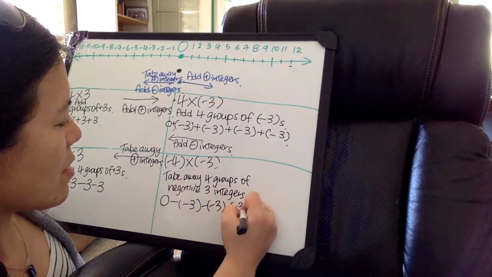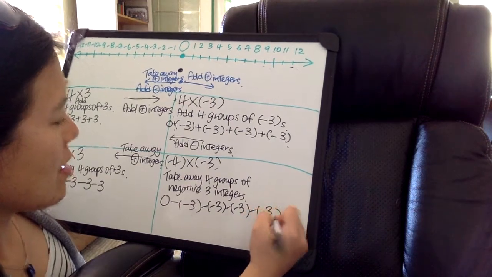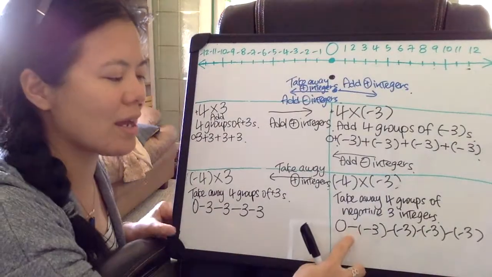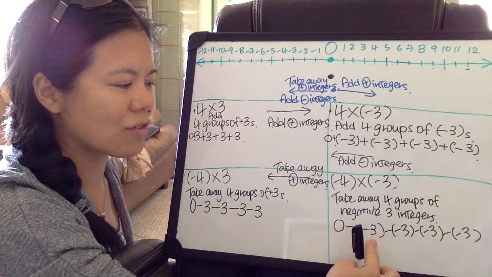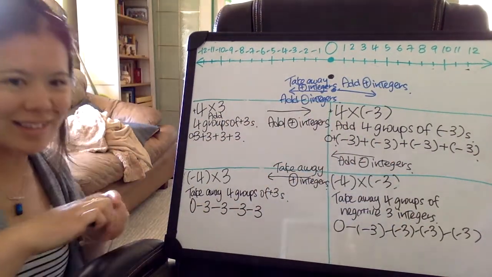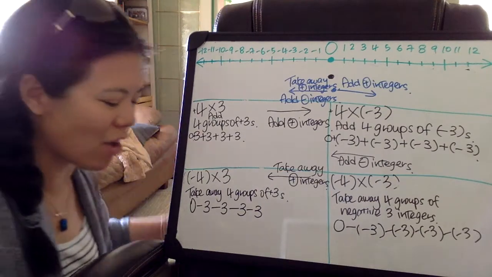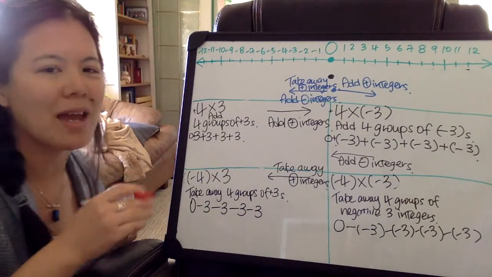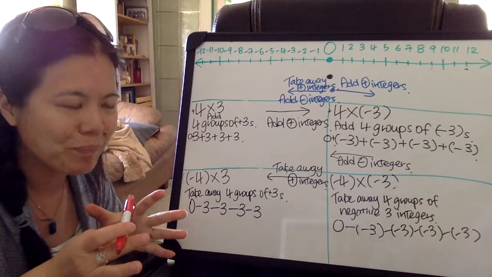Negative 3, negative 3. So now I'm taking away negative 3 integers 4 times. Great. So far, my logic is happy. My reason is happy. But then it gets a little tricky.